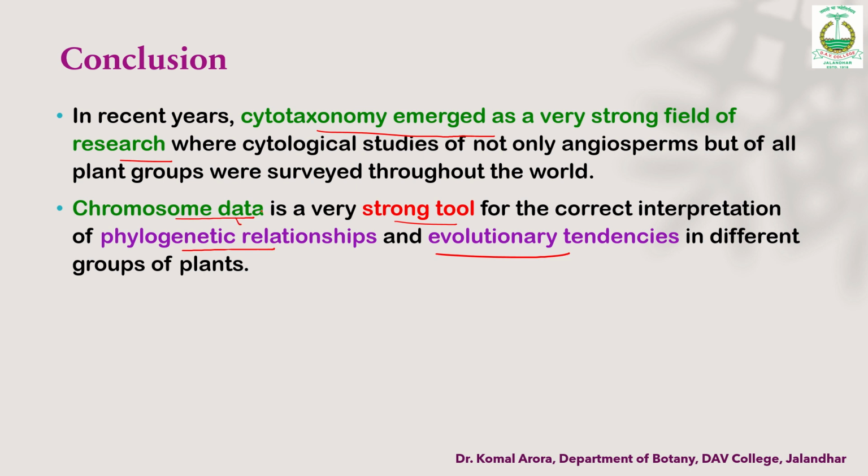By comparing the base number, size or behavior during meiosis, we can easily find out whether a particular genus is related to another or not. We can also find out the course of evolution, whether it is an advanced genus to be kept under an advanced group or a primitive group. That is how cytotaxonomy is a very powerful tool in the field of taxonomy.